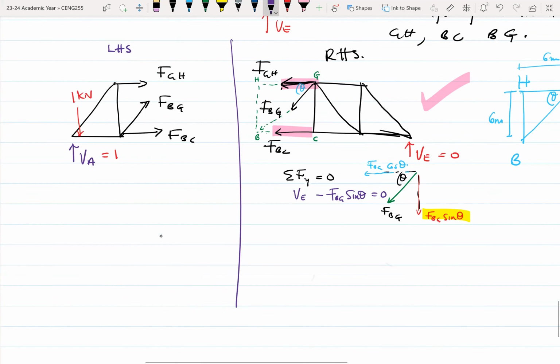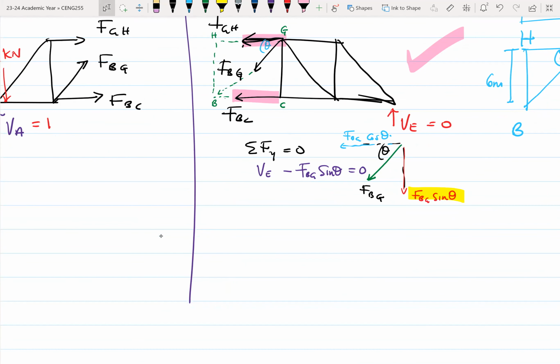So here, what this implies is that my FBG will be equal to VE over sine theta. But at this point, VE is 0. So if VE is 0, then our FBG is also what? 0. Okay. So now I found FBG.